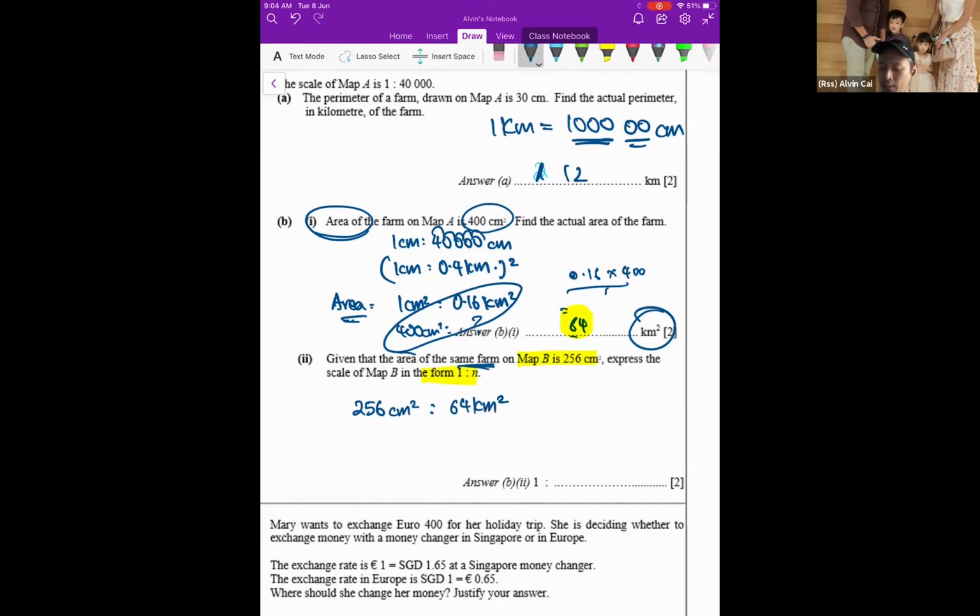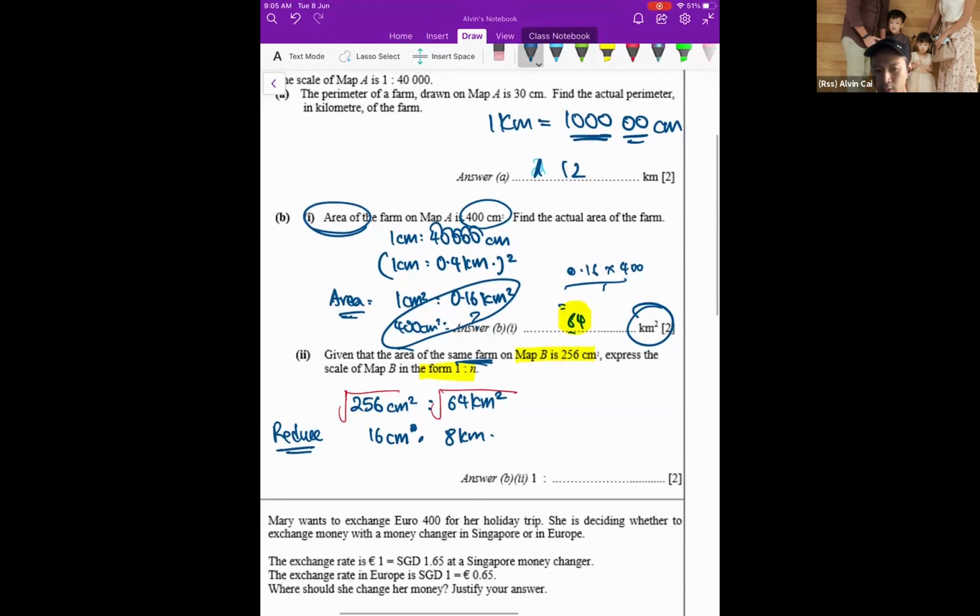Now we need to convert back the area. Before we convert, we try to reduce first, but in this case we cannot reduce further because that's the lowest term. So what we do next is we square root it, which is 8 kilometers.